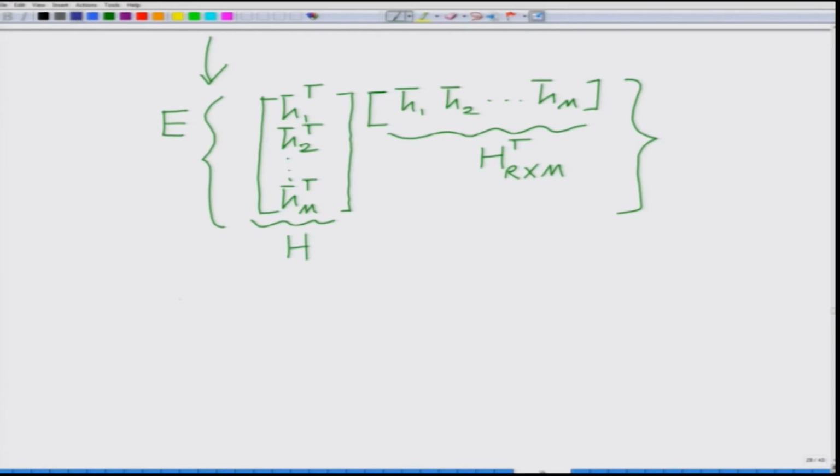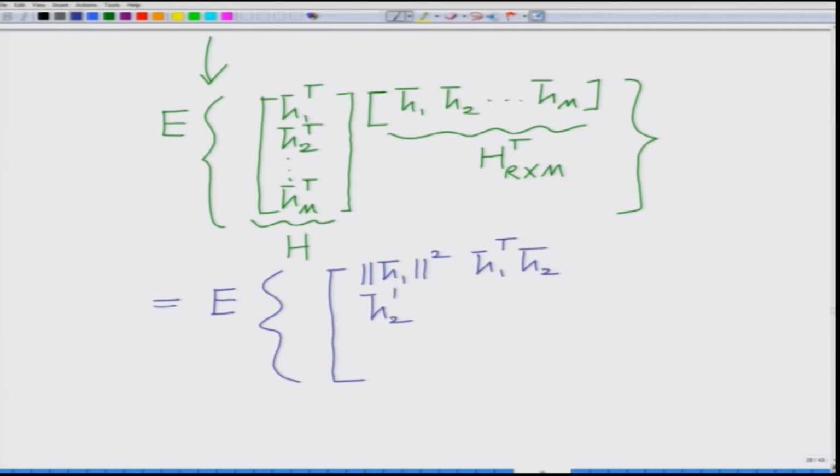Now I am going to simplify this further. The result will be the expected value of a matrix with entries: norm H1 bar square, H1 bar transpose H2 bar, H2 bar transpose H1 bar, norm H2 bar square, and so on.